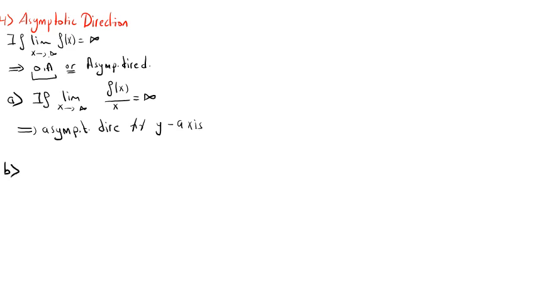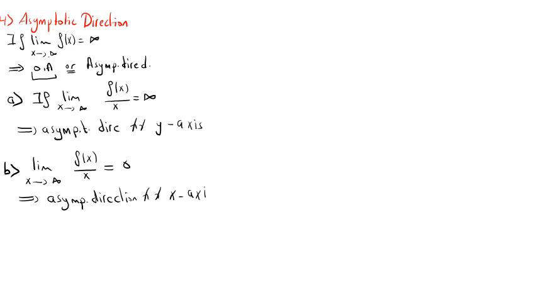Part B. If the limit as x tends to infinity of f of x over x is 0, then it is an asymptotic direction parallel to the x-axis.